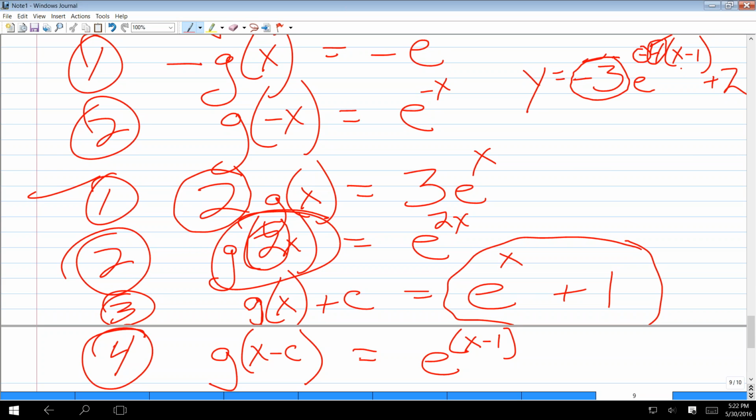And then we have the x minus 1, that's a horizontal shift to the right 1 unit because it looks like this. It looks like that one on the very bottom. It's g of x minus or plus some constant. And finally, the plus 2 looks like this. It's just the function with a vertical shift.